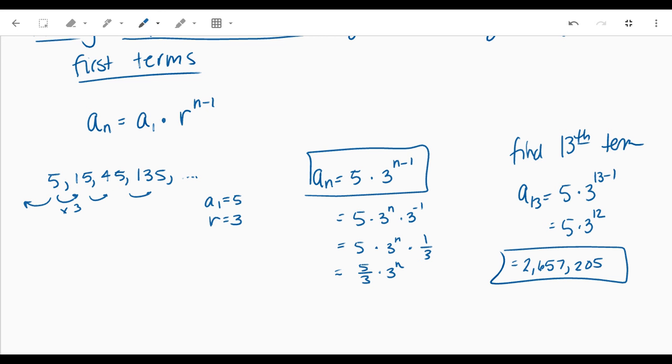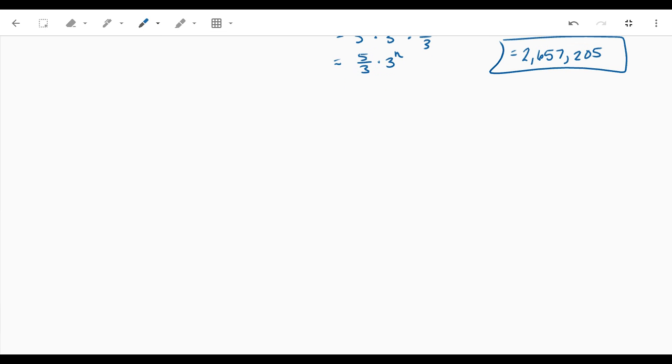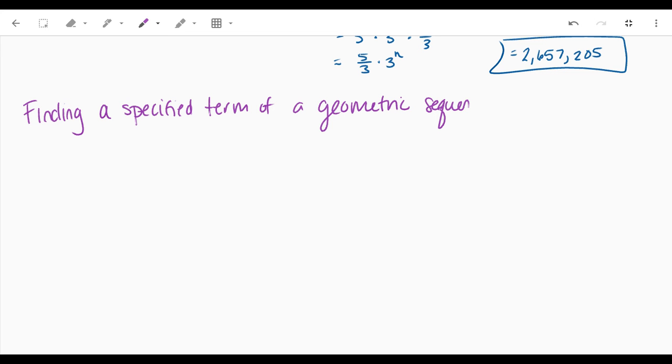All right, our next one. We have finding a specified term of a geometric sequence given the common ratio and the first term.